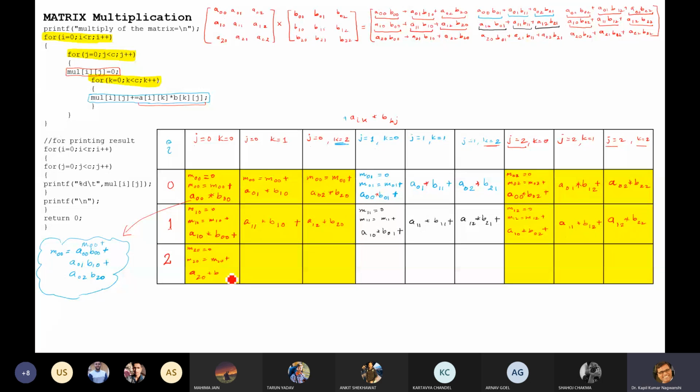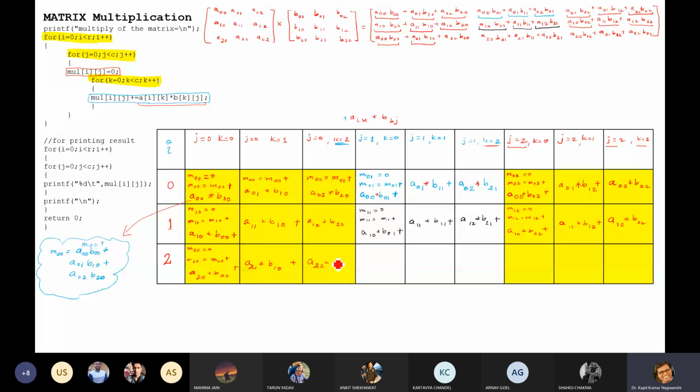Plus a, i is 2, k is 1, multiplied by b k j. Next term, then a 2, 2 multiplied by b 2, 0. So this is our next term. Okay, so this term is calculated.